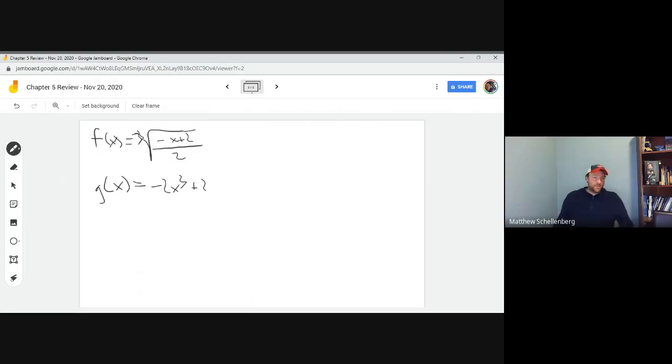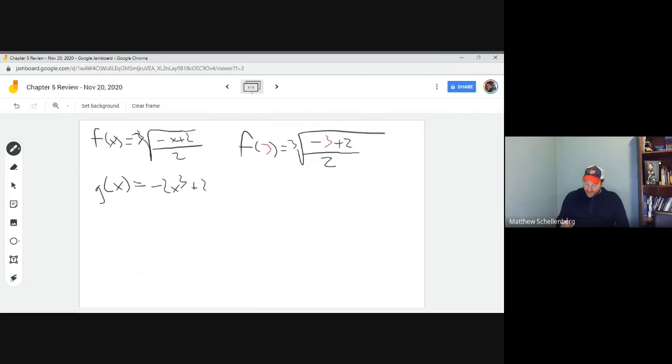I said not to pick one. That's probably still a good idea. I'm tempted to pick 2, but there's a lot of 2s here, so I'm kind of like, maybe not. Let's just try 3. Let's plug in 3 for x and see what happens. So f of 3 equals, again, the cube root of negative 3, because we just replaced the x with 3, plus 2 over 2.